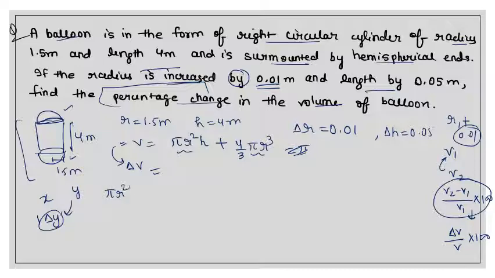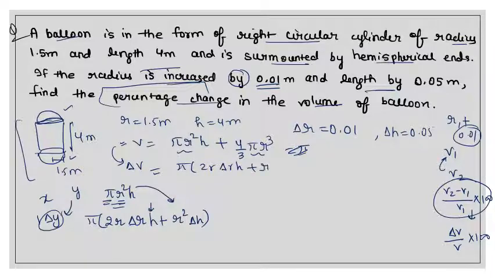Pi r square h, so you have to apply a product rule. Pi is here. For r square you have 2r in terms of differentiation, but what you are doing is with respect to r, plus you have kept h constant here. Now keep r square constant and partial differentiation of h will be delta h, correct? So this is your answer for this, pi 2r del r h plus r square del h.